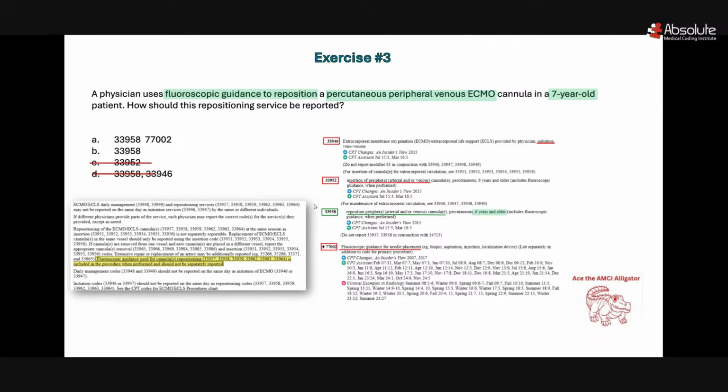And if you remember, the guidelines said that fluoroscopic guidance is included in those cannula repositioning codes. It's also clear from the code language, where it's documented that it includes fluoroscopic guidance when performed, right? So there is no need to code another CPT for fluoroscopic guidance, and that makes option B the right answer.